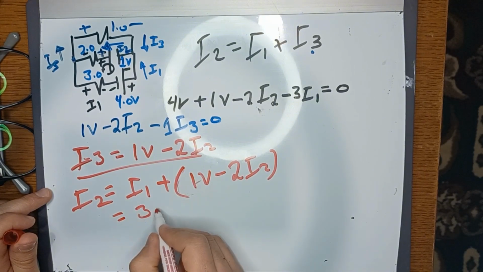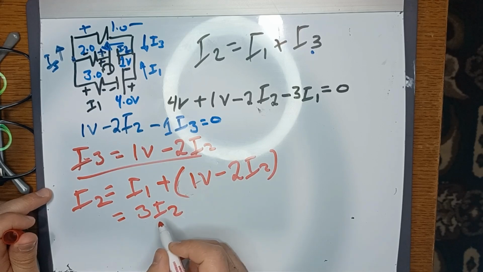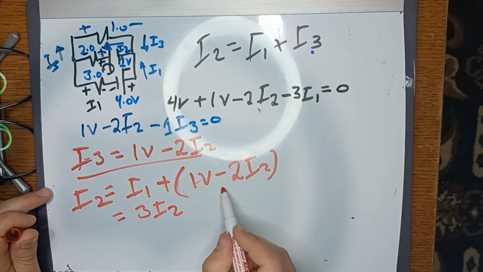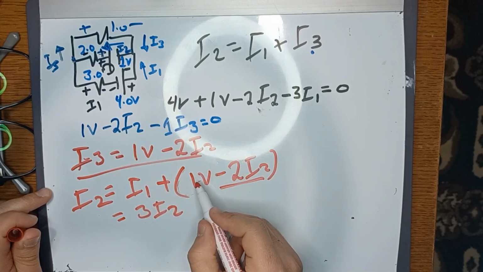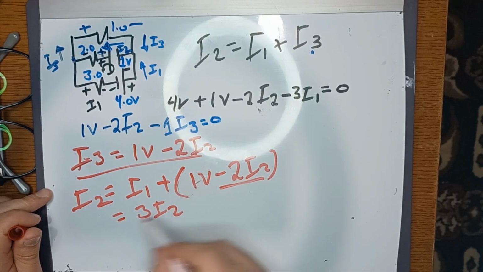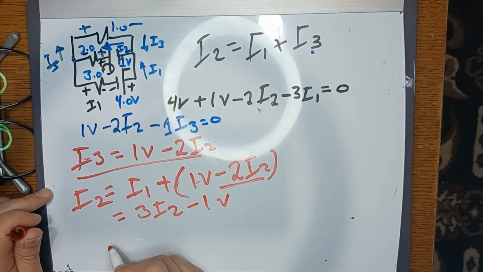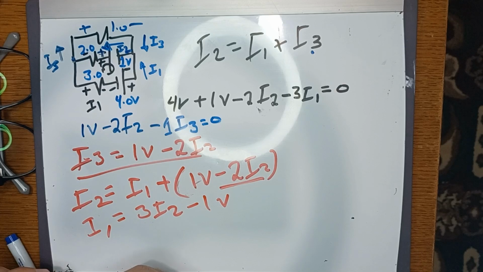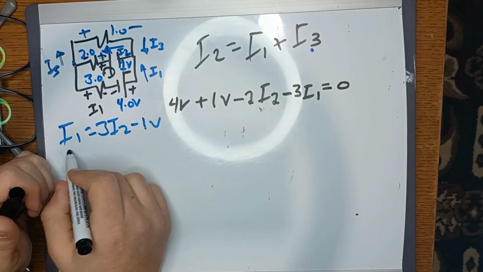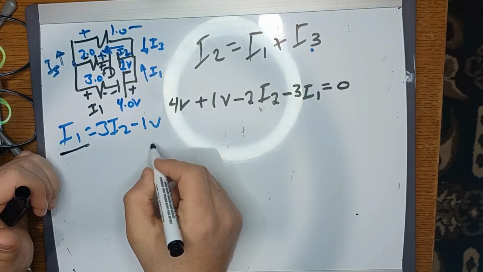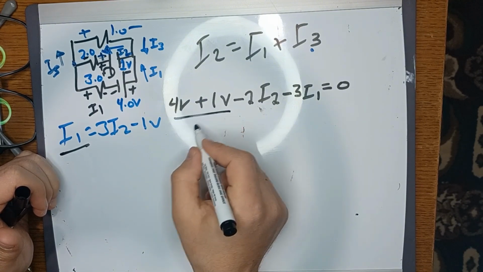So it becomes positive 3 I2, because this goes to the other side, becomes positive, adds up with this, becomes 3 I2, and this 1 volt goes to the other side as well, becomes negative, and then now it's isolated for I1. Okay, so I just moved this equation up a little bit so I have more space. Now I'll plug this into this I1. And I'll add those along the way.